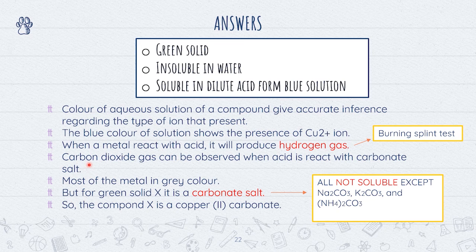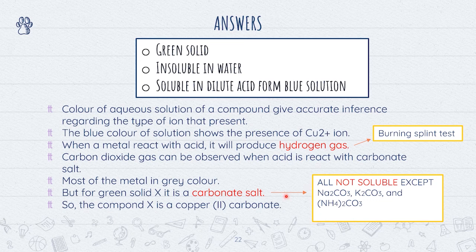And carbon dioxide gas can be observed when acids react with carbonate salt. How do we know if carbon dioxide gas is present? We can flow the gas into lime water. If the water turns cloudy, it means carbon dioxide gas is present. Most metals are gray in color, but compound X is a carbonate salt, because it is stated here that compound X is not soluble in water.